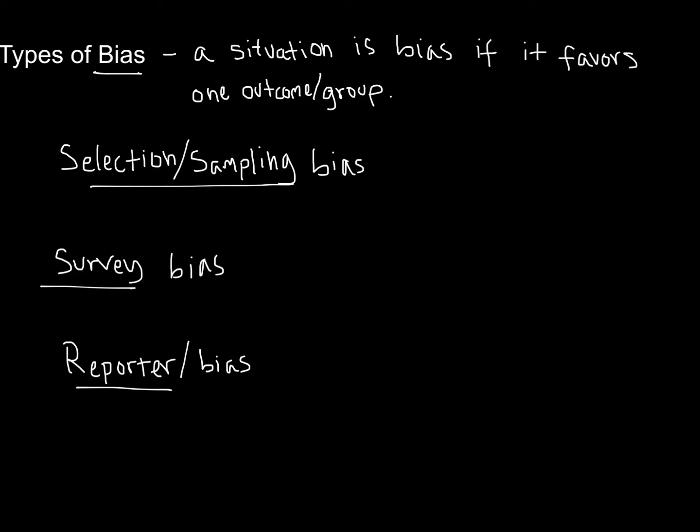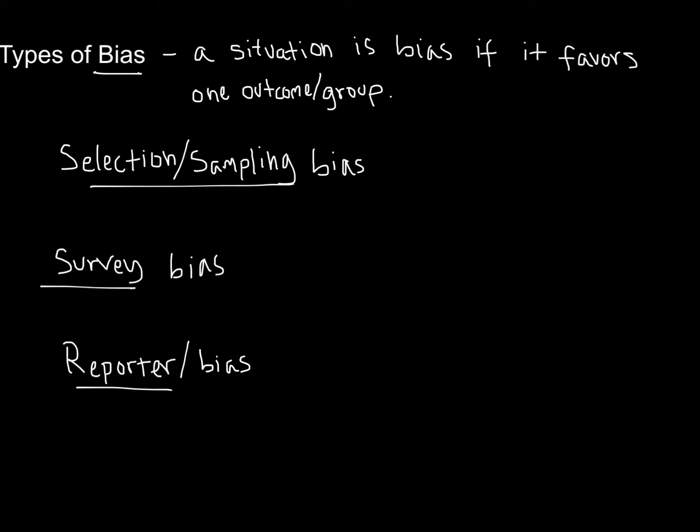So the first is that you could have bias in your selection or sampling, right? You could be selecting a group of people to do your study on that does not accurately represent your population. And these are things that you should want to write down if it's not something that you are already really familiar with. The way in which you pick the people that you are sampling could also be biased, right?